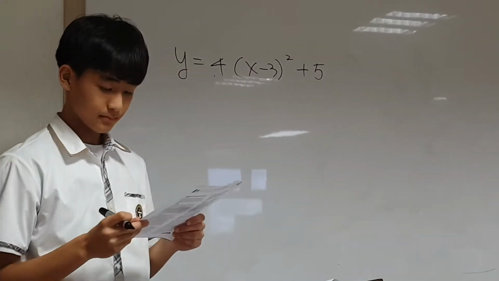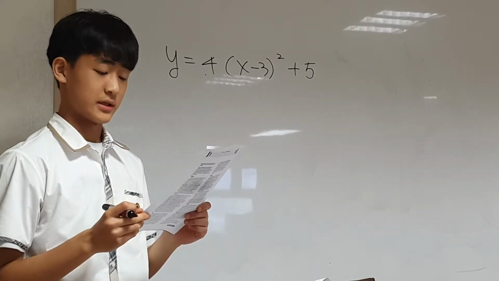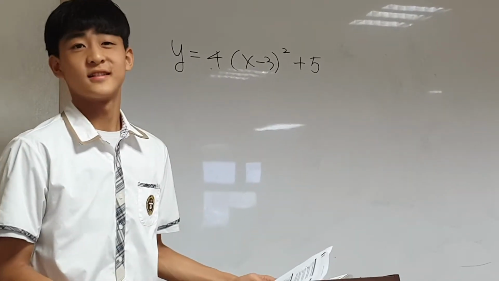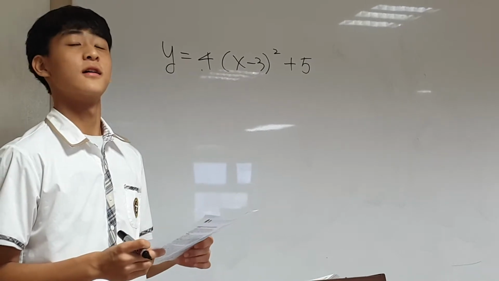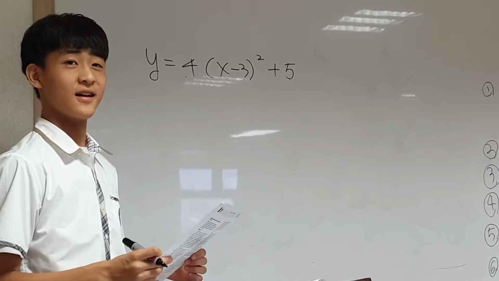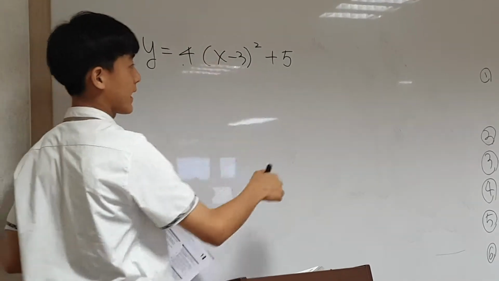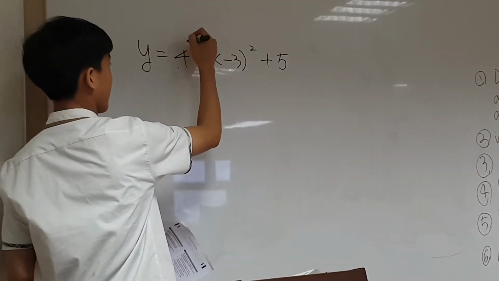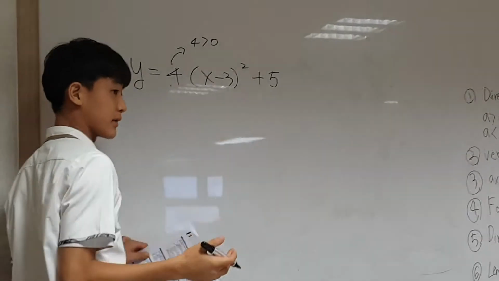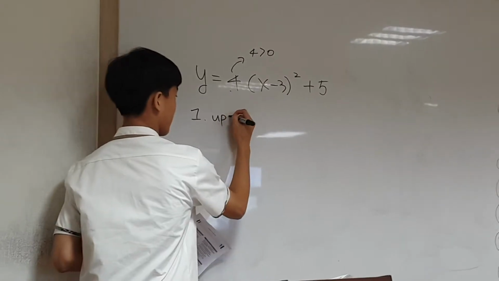Jian, would this be upward or downward, the opening direction? Upward, because 4 is positive. This was a, right? 4 is larger than 0, so it's positive, so it's upward.